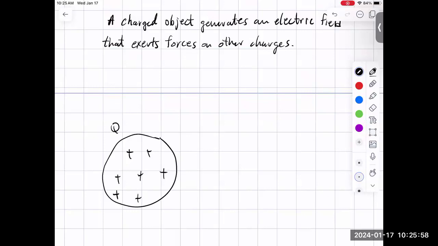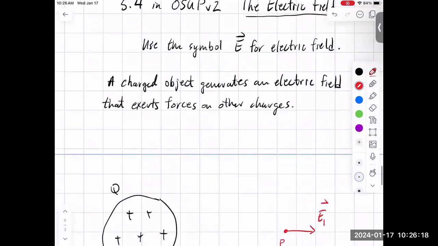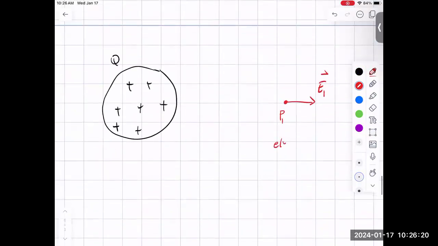And so what we could do is go to some point in space, and we could say this is some point P1, and at P1, this is the electric field E1 due to this charge distribution Q. So this is the electric field at P1 due to Q.